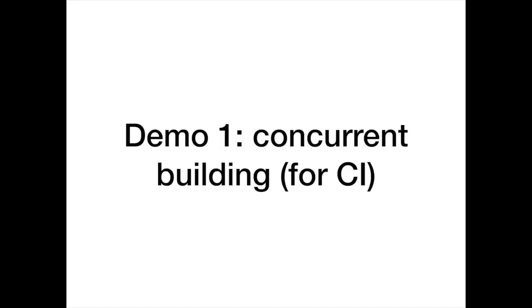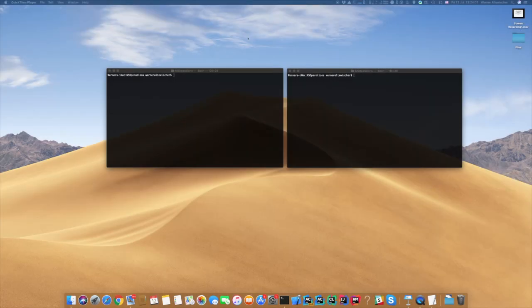So first let me present a demo where I will show that concurrent building is now possible. And I will show that Carthage is able to do concurrent checkouts and concurrent building for projects on the same machine. So let me create a sample project.